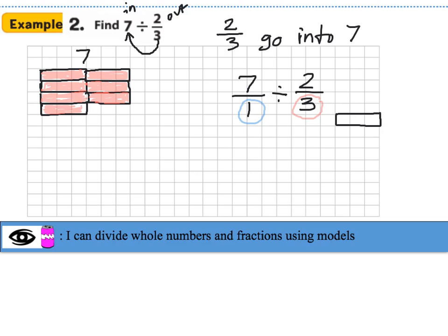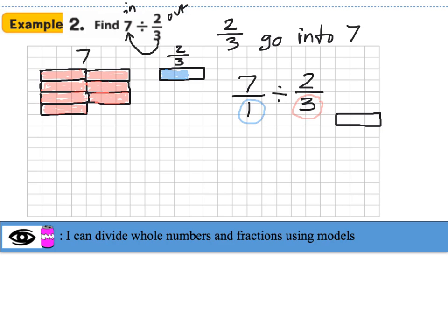Alright, so this model right here represents my dividend. Now I'm going to draw another model, which is a 1 by 3 box right next to it. But this is going to represent my 2/3 fraction. So I'm going to take a different color highlighter, and 2/3 is less than 1. So I don't want to shade all 3 boxes. What I want to do is shade only 2 of these boxes.